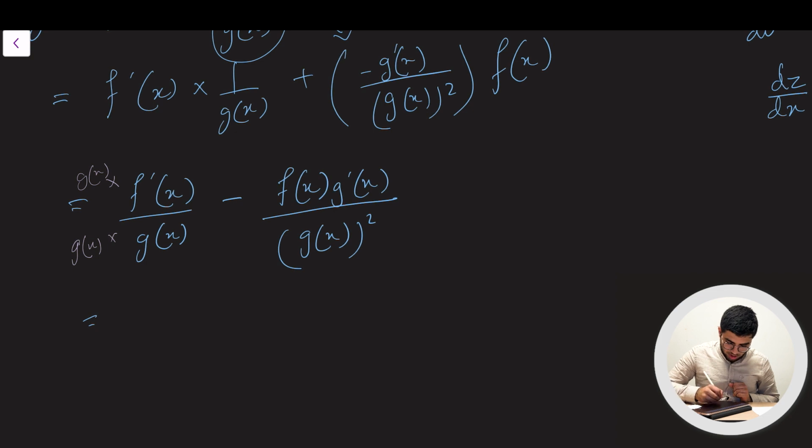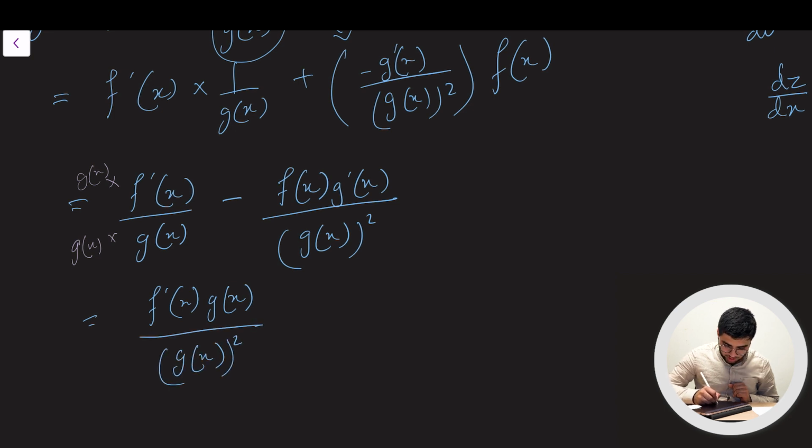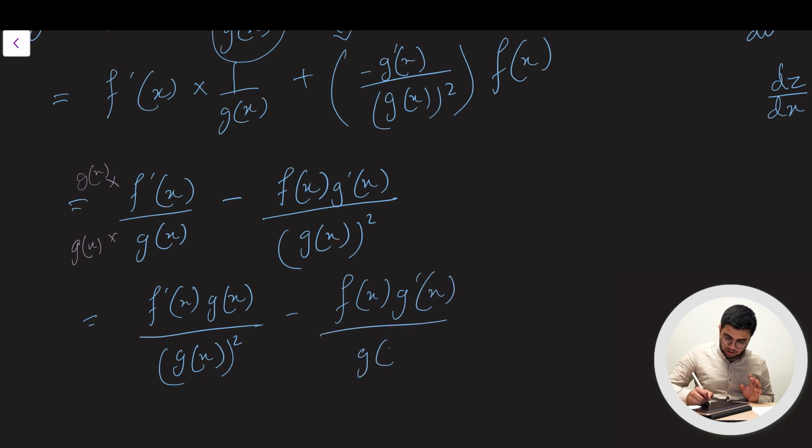So I get f dash of x g of x all over g of x whole squared. Again, the g of x here and this squared can cancel, and you're left with the same thing, so we haven't changed much. Then take f of x g dash of x all over g of x whole squared.